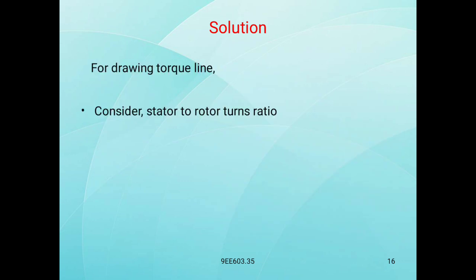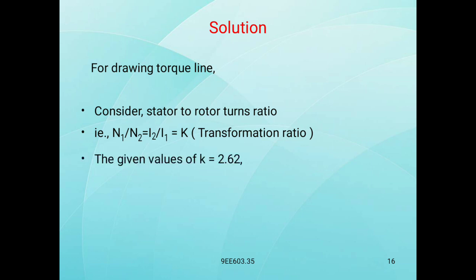For drawing the torque line, consider the stator to rotor turns ratio. That is N1 by N2 is equal to I2 by I1, that is K, the transformation ratio. The value is given, K is equal to 2.62.